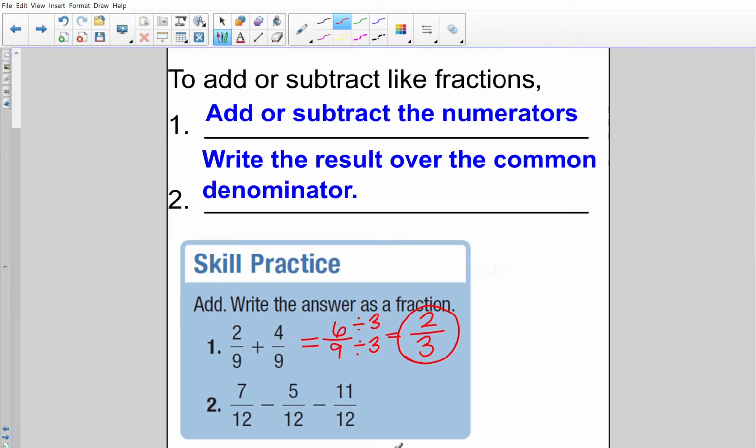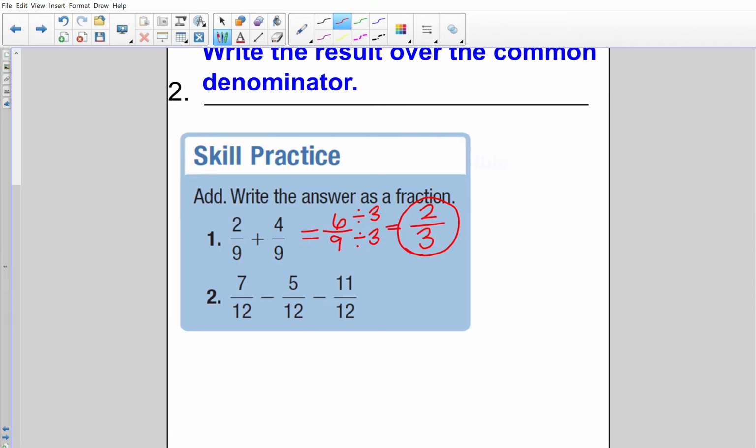The last one here, it's all subtraction. So I've got to start with 7 minus 5, and 7 minus 5 is going to give me just positive 2, sorry. 2/12. Now this is going to subtract with 11/12. So I have 2 minus 11/12.